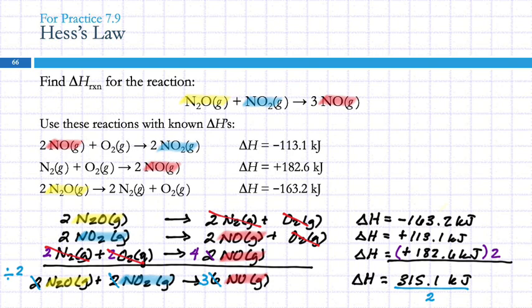Because what I had come up with here was twice as much reacting. So I'm going to divide by 2, and then I'm going to get my answer. Delta H for this reaction is 157.6 kilojoules.